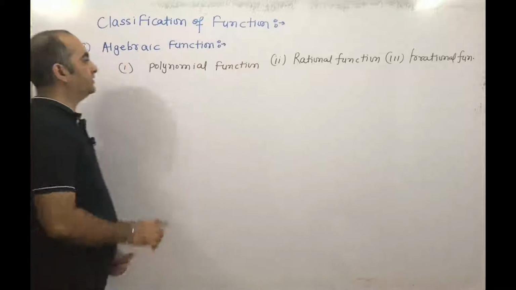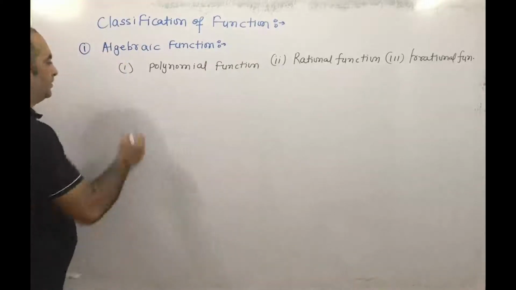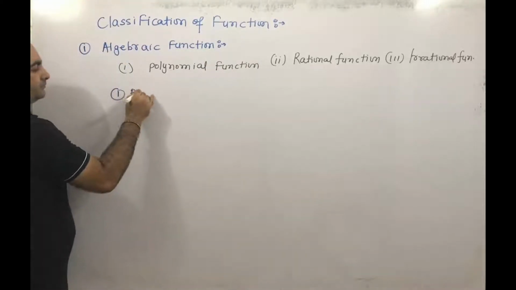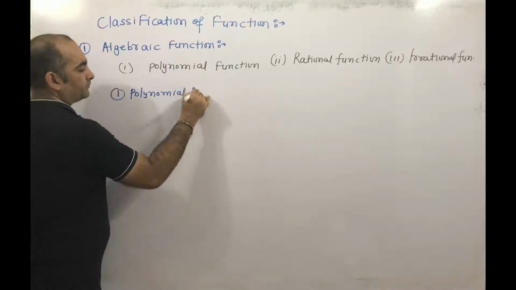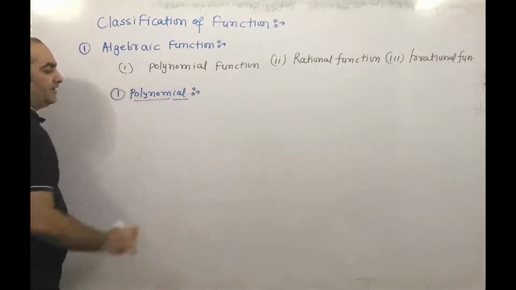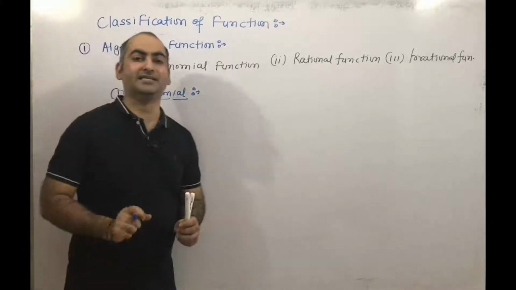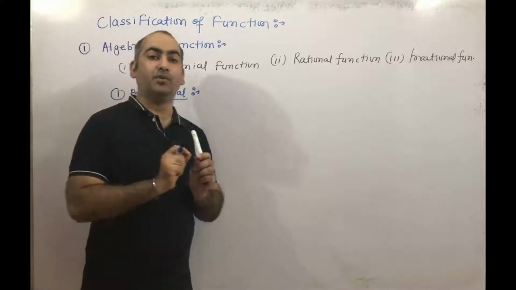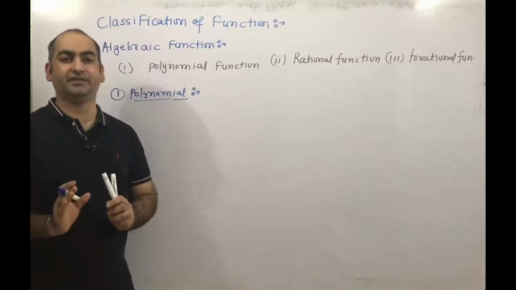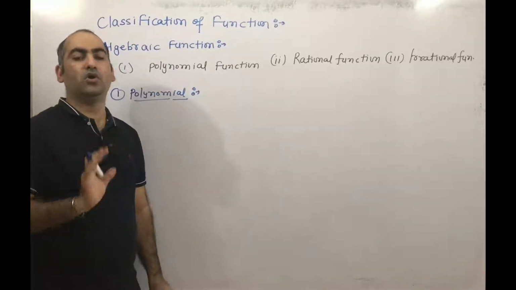First we are discussing polynomial. The definition of polynomial is the same as algebraic only, but the power should be only a positive integer, a non-negative number or whole number we can say.